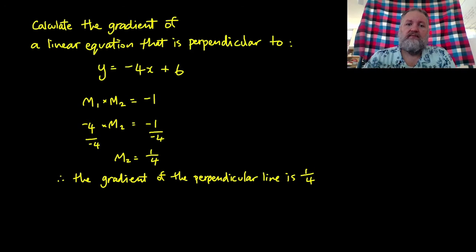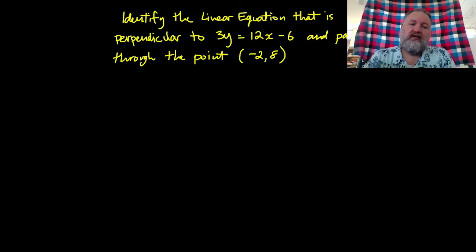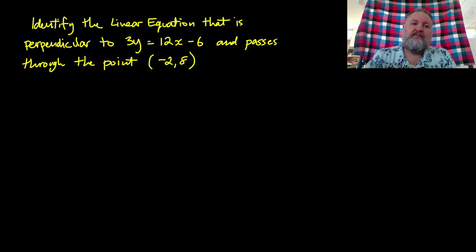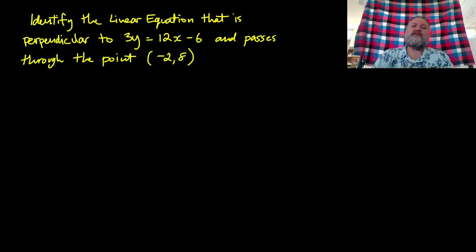So it's pretty easy, really. One you might get that's slightly trickier is that you might need to identify a linear equation that is perpendicular to another linear equation and passes through a particular point. This one requires a little bit more thinking. We first write down our linear equation, and there it is. But this doesn't fit our general form of a linear equation.